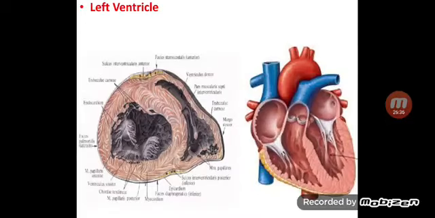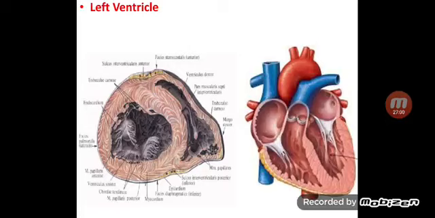The left ventricle is the thickest chamber. As I mentioned, the ventricles are thicker than the atria. But the left ventricle is thicker than the right ventricle. It is 3 times thicker than the right ventricle.